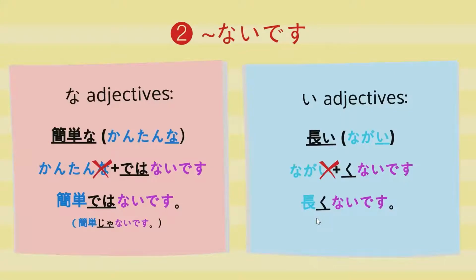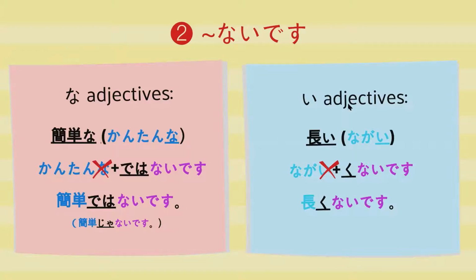For ないです, 簡単な will become 簡単ではないです. Similar to ありません, we just delete the na and add ではないです. And because じゃ and では are the same in grammatical sense, 簡単じゃないです is also correct.